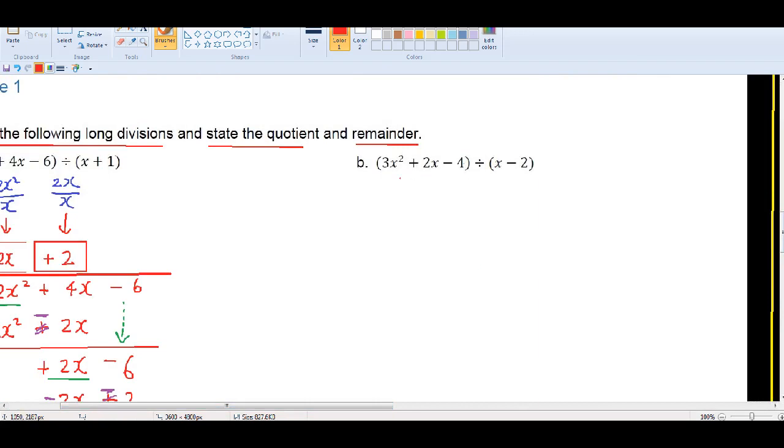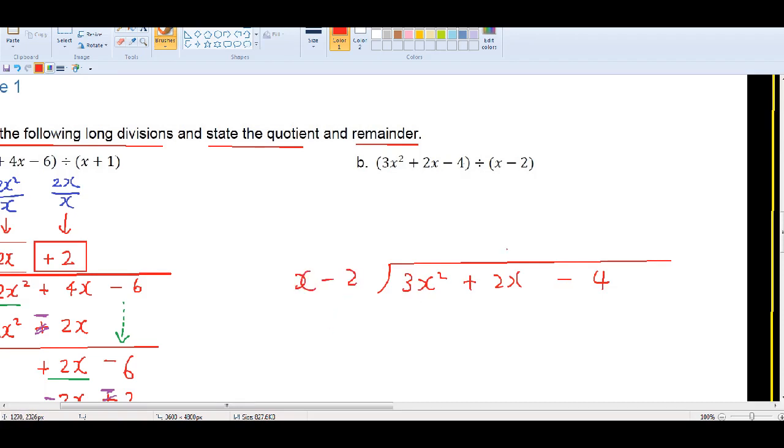Okay, so the second one is 3x squared plus 2x minus 4 divided by x minus 2. Let's set things up. So you have 3x squared plus 2x minus 4, and you divide by x minus 2.